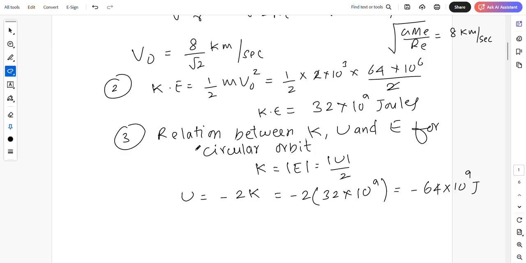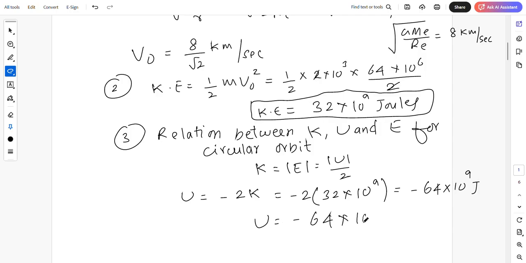So the kinetic energy is 32 into 10 to the power of plus 9 joules, and U is minus of 64 into 10 to the power of plus 9 joules. This is the potential energy.